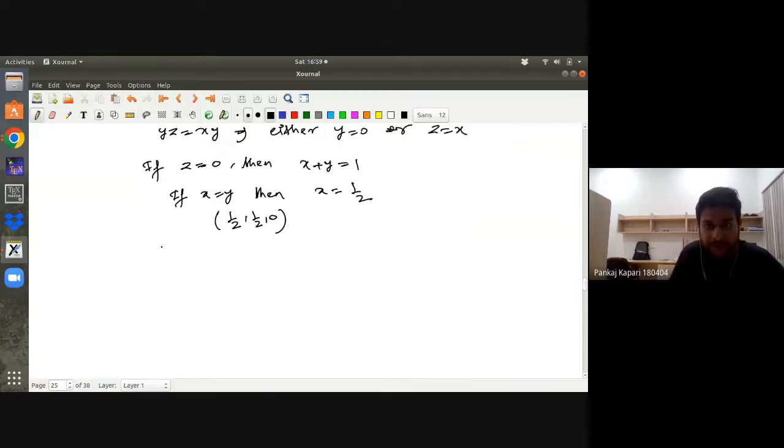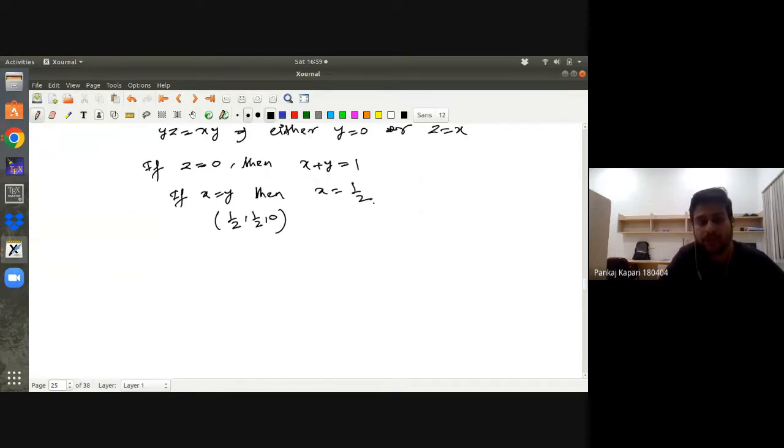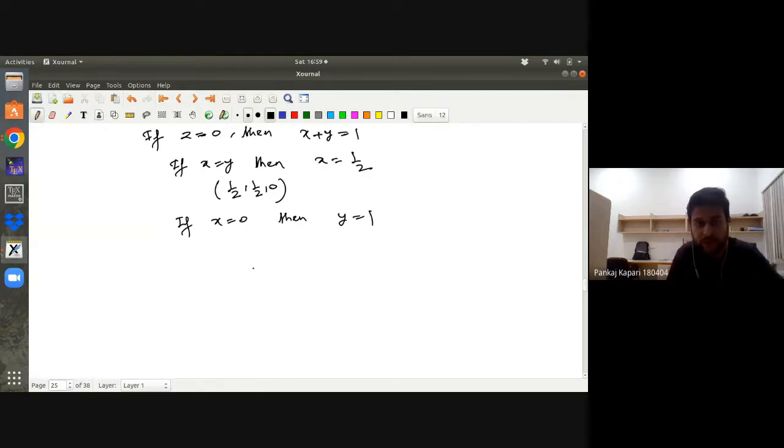Similarly, we have assumed that z is 0. Now if x becomes 0, then what will happen? Because we have already assumed that z is equal to 0, if x is also 0, then y must be 1. So that will give the critical point 0 comma 1 comma 0.